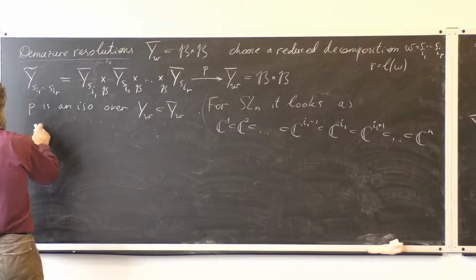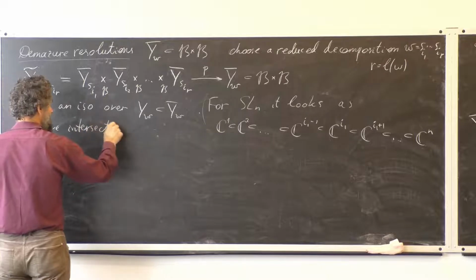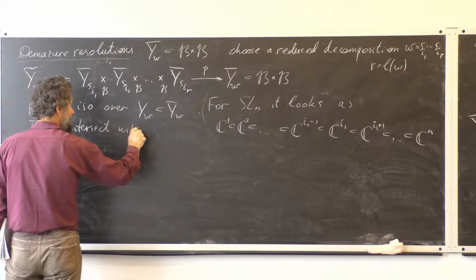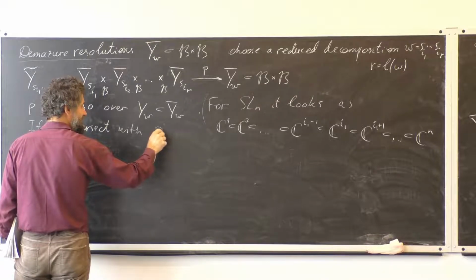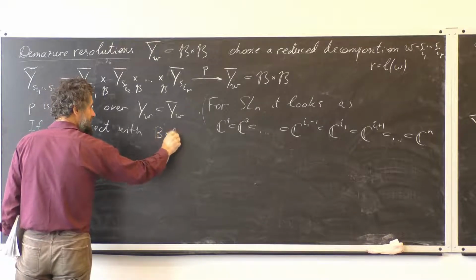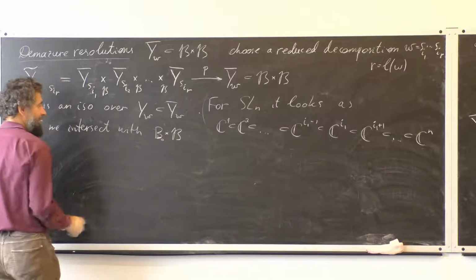So if we intersect with B, one fiber, we fix somewhere else.